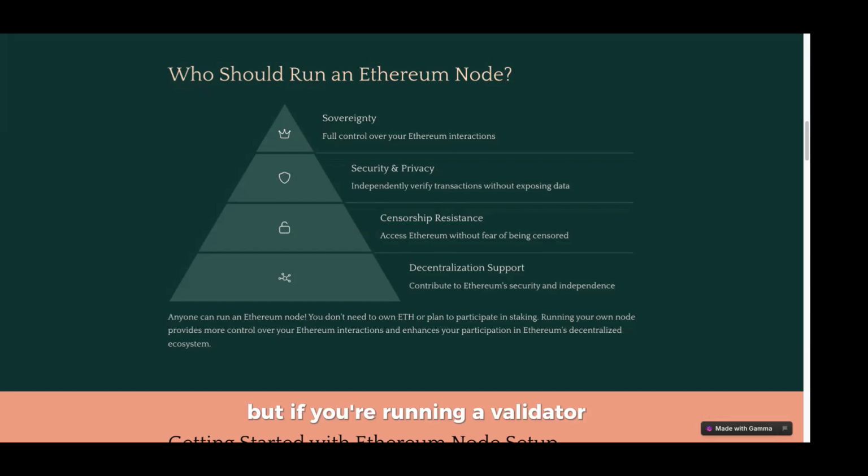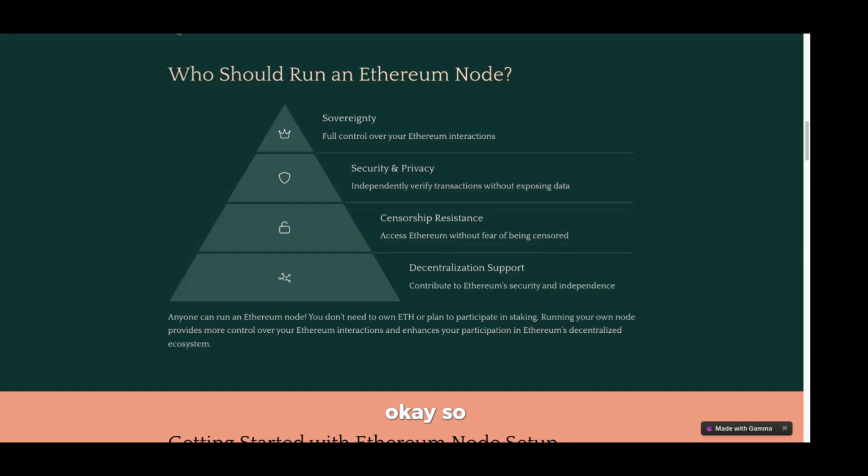But if you're running a validator node, you're running three clients: the consensus client, the execution client, and the validator client. These three work together for a validator node. If it's just a node, you're running two, the execution client and the consensus client.